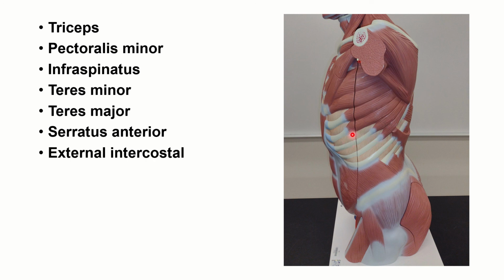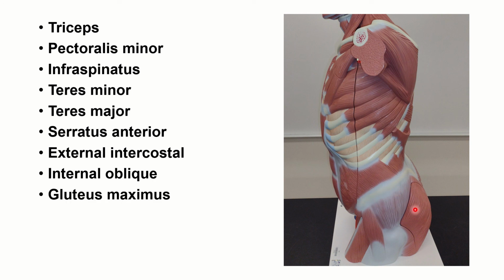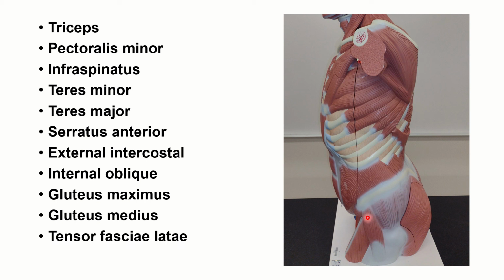External intercostal, so look at the direction going downward and medial. And this is the internal oblique, so it's going downward but laterally. Gluteus maximus is here, and then you have the gluteus medius, and then you have the tensor fascia latae here.